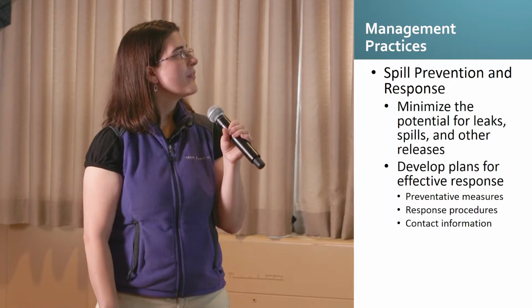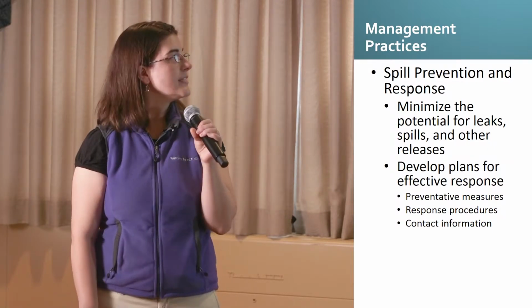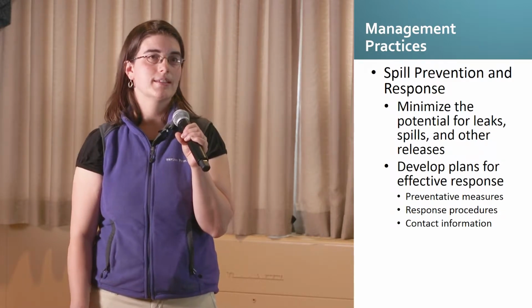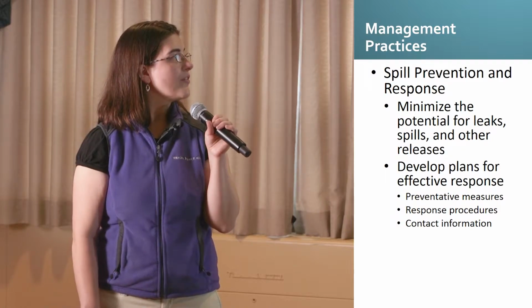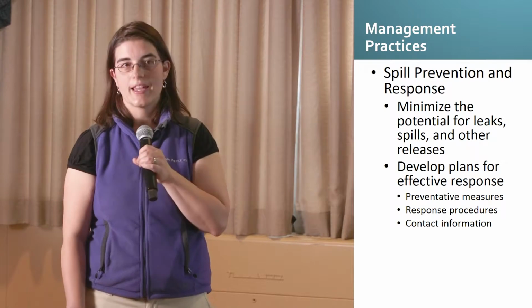So the purpose of spill prevention and response is to minimize the potential for leaks, spills, and other releases. Your management practices need to include a plan for effective response and include preventative measures, response procedures, and contact information.